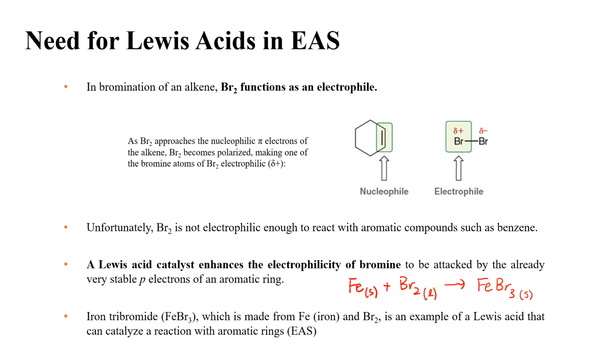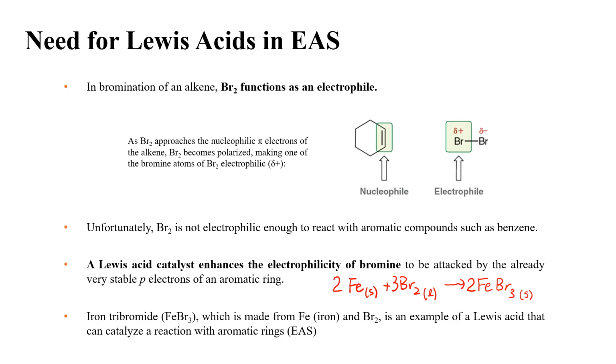Now, this equation isn't balanced, right? To balance this, you need 2 Fe's, you need 3 Br2s, and then you're going to get 2 FeBr3s. This is kind of like Gen Chem 1, where we're just balancing a chemical equation.